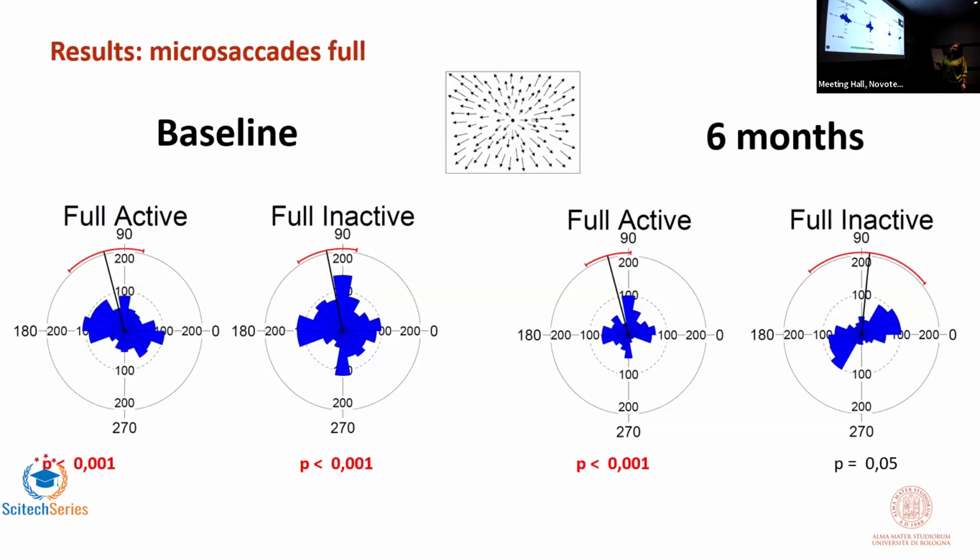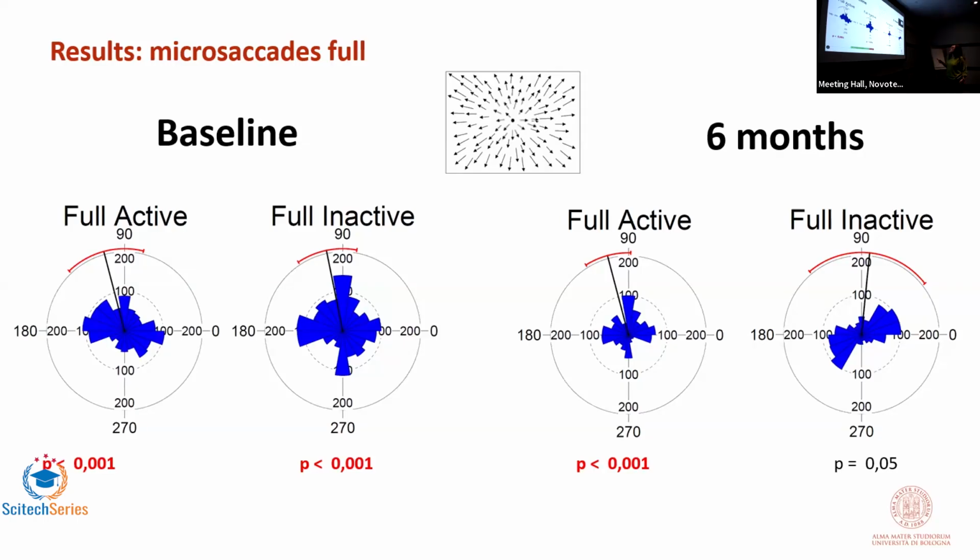So we have a significant trend toward, let's say, a 100 degrees direction, so it's in front, slightly leftward, for attention and unconscious attention at baseline. Same thing for inactive, but as you see, inactive people tended at baseline to produce more microsaccades around the entire visual scene. So it looked like they were probably more curious than the others.